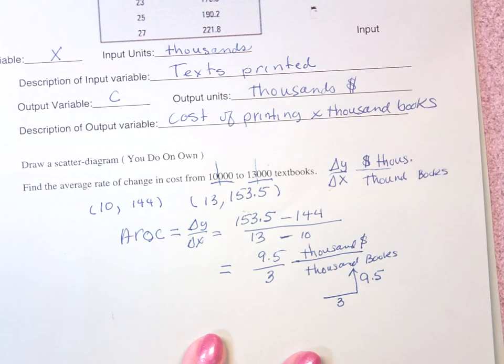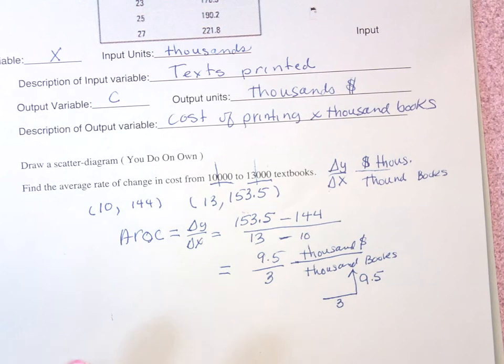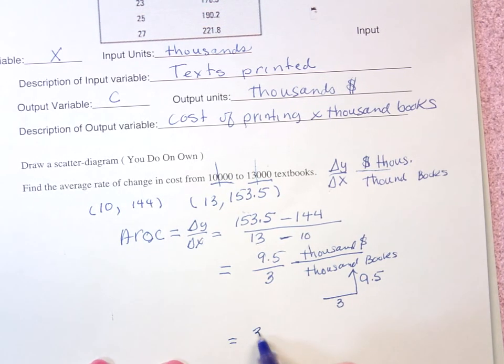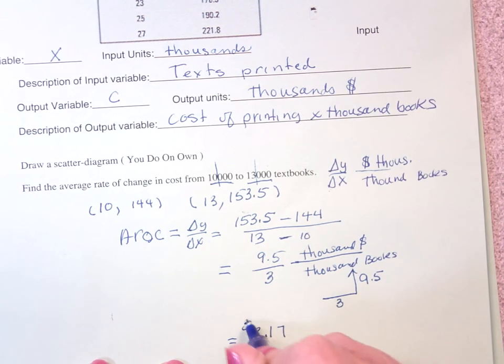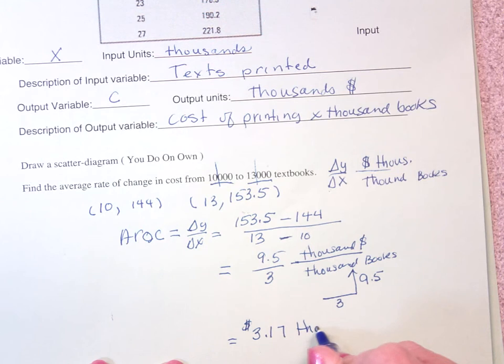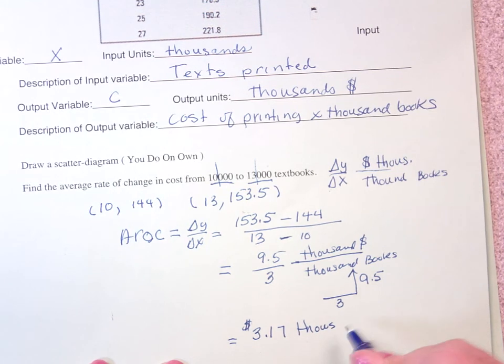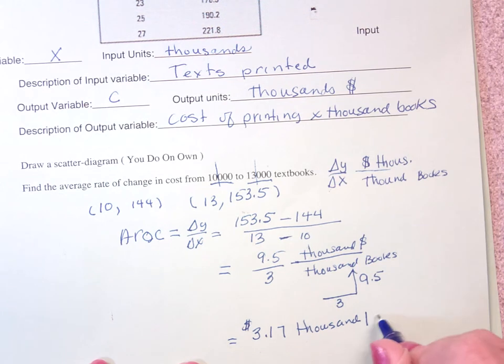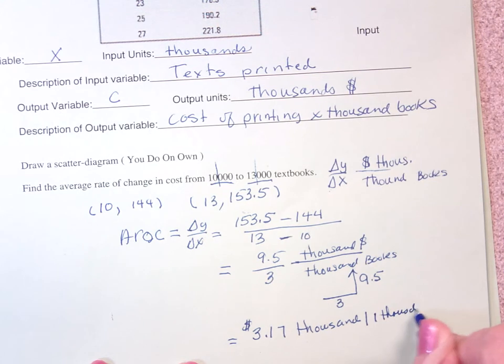Now what we tend to do is to just make that a fraction, divide that by 3, and we would then say it's 3.17 thousand dollars per 1,000 books.